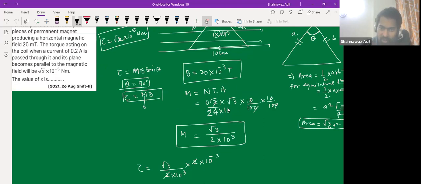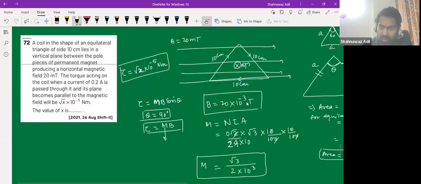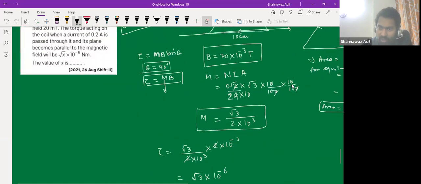3 by 4 and A squared. Right, I was 0.2 ampere. So 3 by 4 and 10 by 100 and 10 by 100, this cancels.